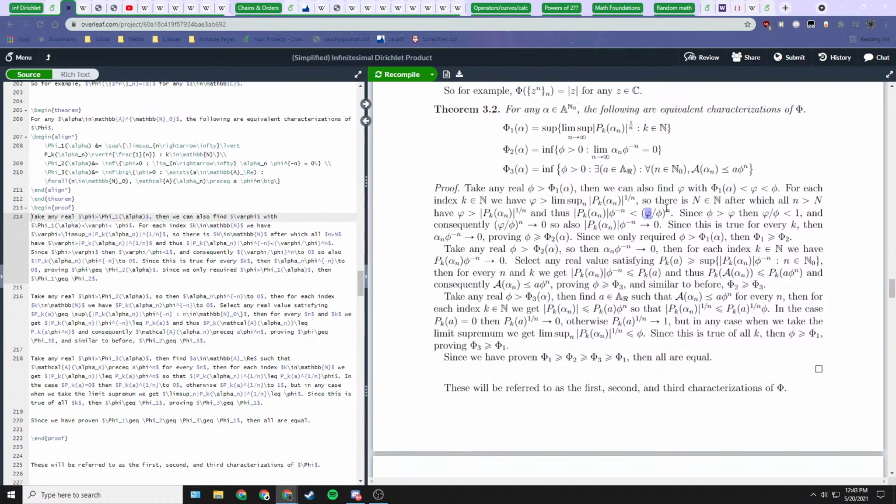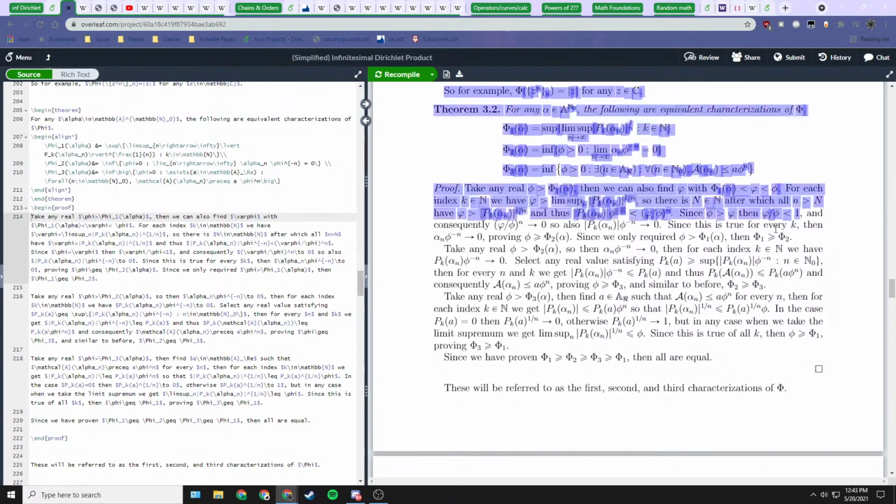That gives us this var phi power n, and then we multiply by phi power negative n. That gives us this term times phi power negative n as being strictly less than var phi over phi power n. But because, right up here in our selection of phi, we have this phi greater than this var phi, their fraction is less than 1.